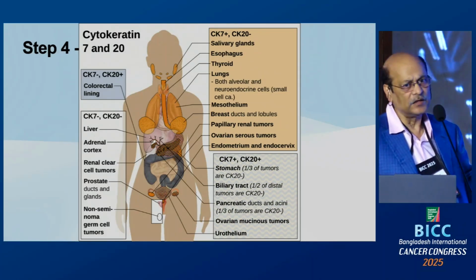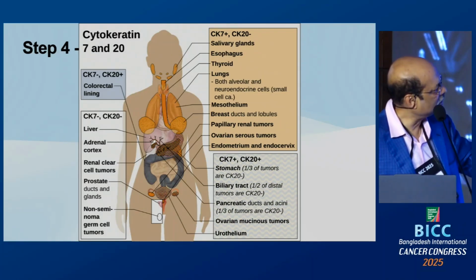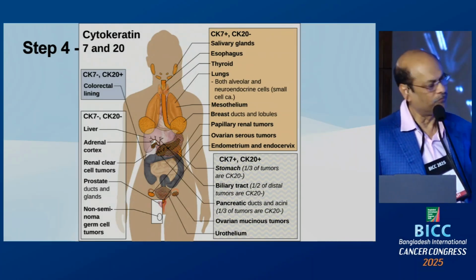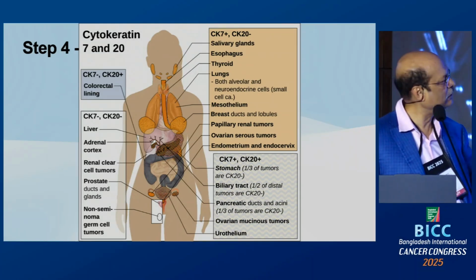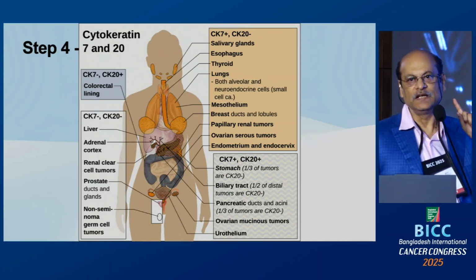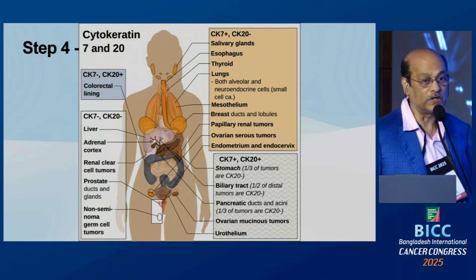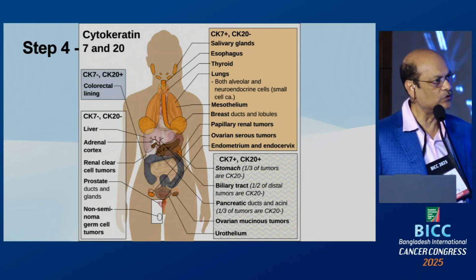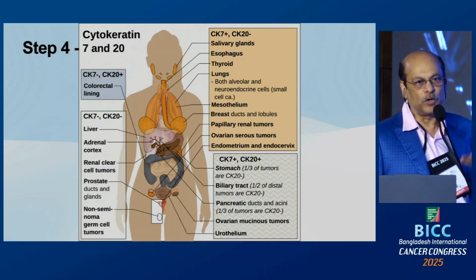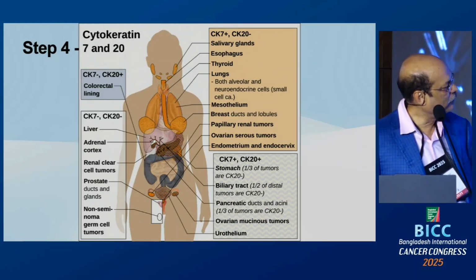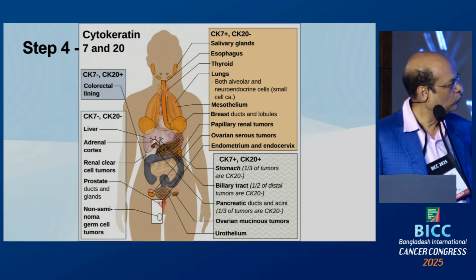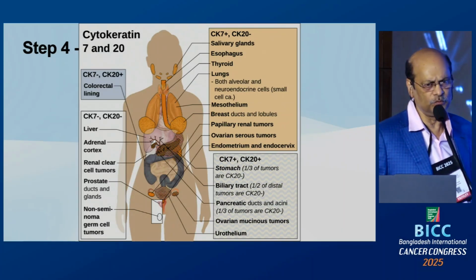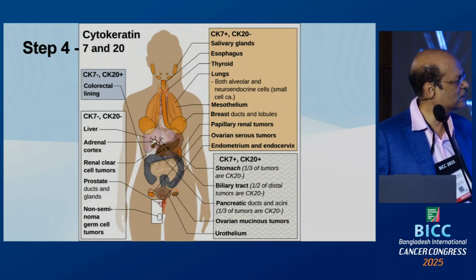Now the step 4, or next step, is primary localization. And this is the key player, this chart. We have to depend upon CK7 and CK20. If CK7 is negative and CK20 is positive, it is straightforwardly colorectal. If CK7 is positive and CK20 is negative, it is above the diaphragm, and below the diaphragm only papillary renal cell carcinoma, ovarian serous carcinoma, endometrial carcinoma, and endocervical carcinoma.